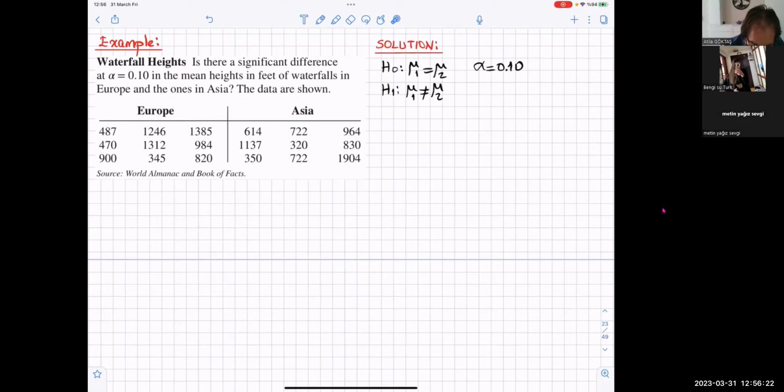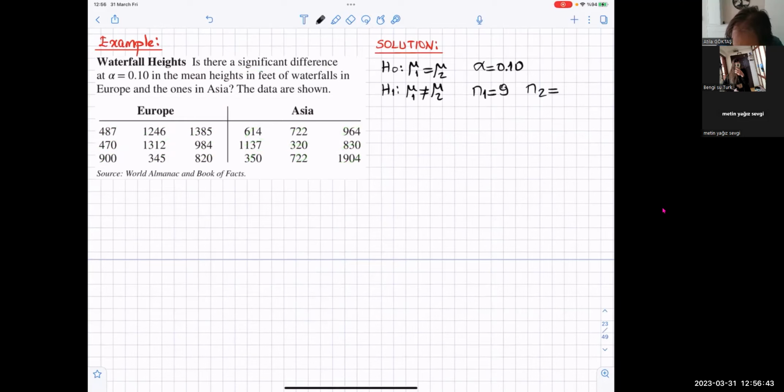You measure the heights, 1, 2, 3, 4, 5, 6, 7, 8, 9, so n1 equals 9, and n2 is also 9 if you count 1, 2, 3, 4, 5, 6, 7, 8, 9.